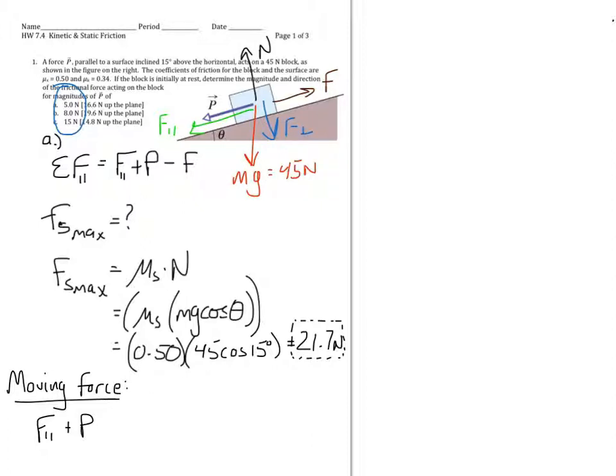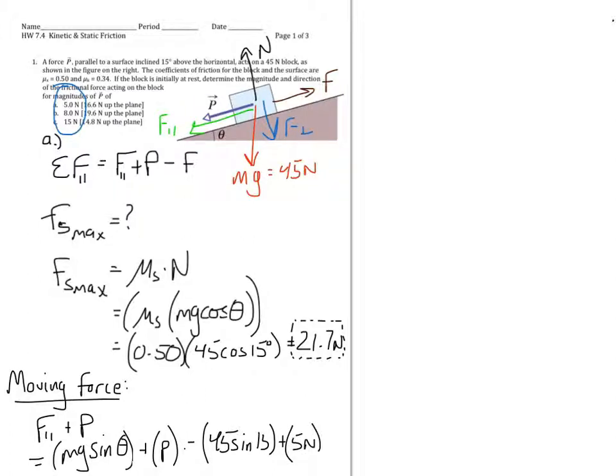So that's mg sine theta plus, in part A, it's 5 newtons. I should have just written in the values. So that's 45 sine 15 plus 5 newtons, right? Because you're pulling downhill with that 5 newton P force right there.